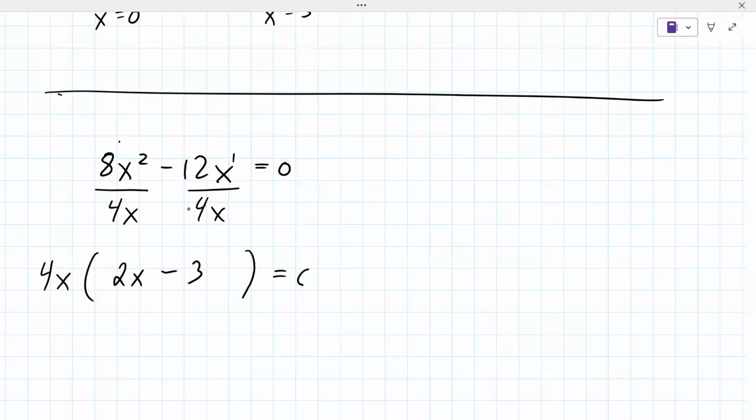All right, now keep going here. This time, set each of those equal to 0. I got x equals 0 and x equals 3 over 2.